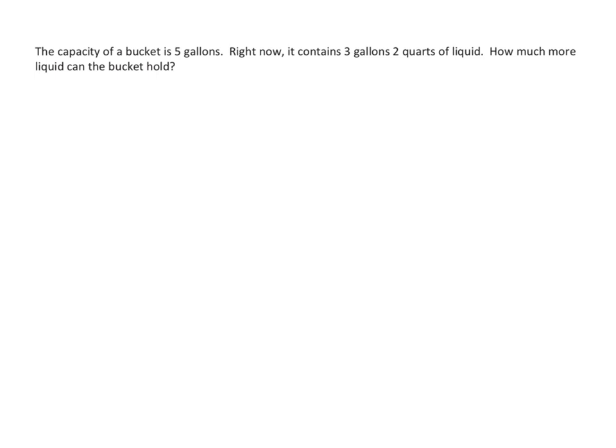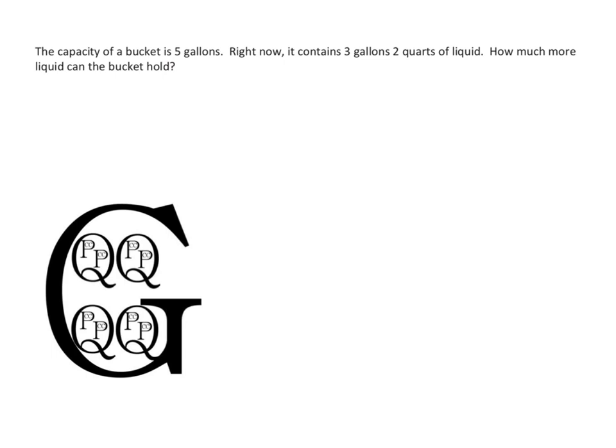Okay, in this one we have the capacity of a bucket is 5 gallons, and right now it contains 3 gallons and 2 quarts of liquid. How much more liquid can the bucket hold? Well, this problem is calling for the gallon guy. We need the gallon illustration. Much better.